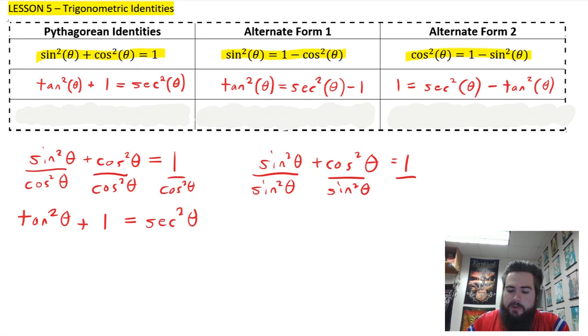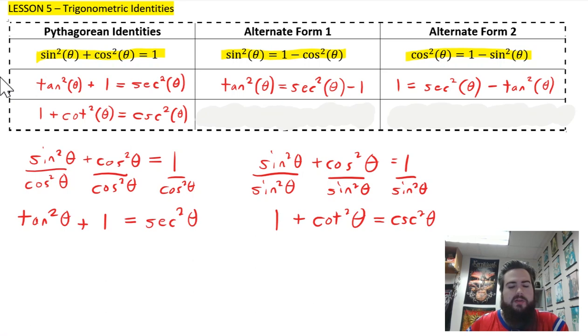If I divide both sides of this equation by sine squared instead, the first term will now become a 1. The second term, cosine squared over sine squared, will become cotangent squared. And 1 over sine squared will equal cosecant squared. That is the third of what are considered the Pythagorean identities.